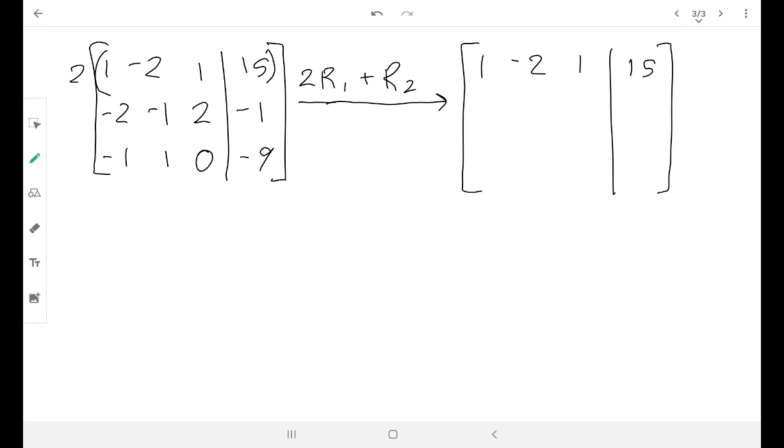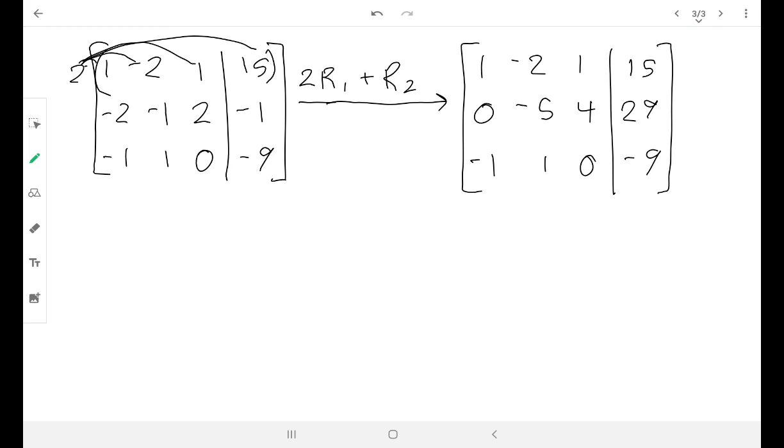But then I'm going to do 2 times 1 is 2, 2 plus -2 is 0, 2 times -2 is -4, -4 plus -1 is -5, and 2 times 1 is 2, 2 plus 2 is 4, and then 2 times 15 is 30, 30 plus -1 is 29, and then I'm just going to recopy the third row because I haven't done anything to it yet.